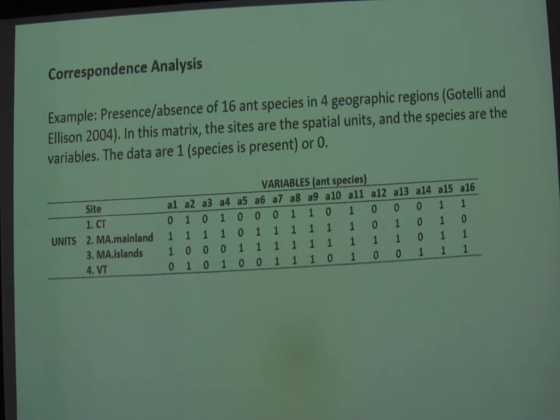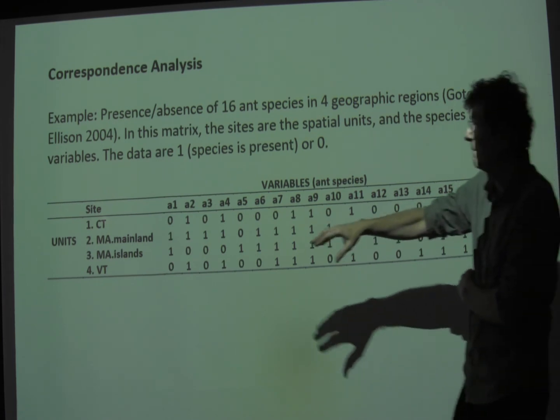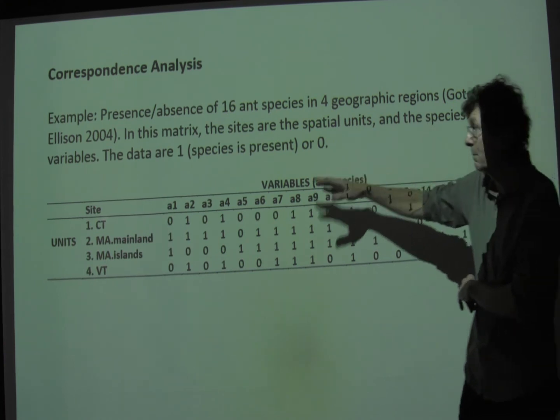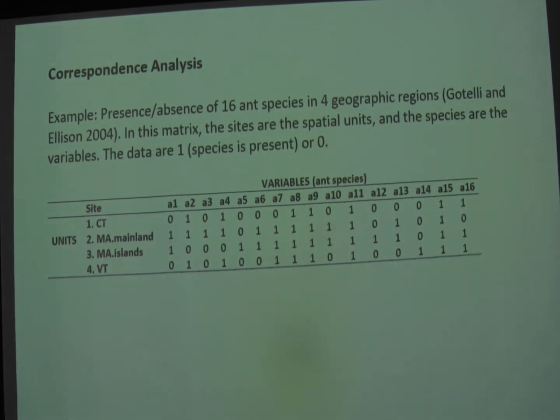I'm going to show you how it works using this ant data from Gotelli and Ellison. We have 16 species of ants and 4 sites. Think of those as the variables and the sites.